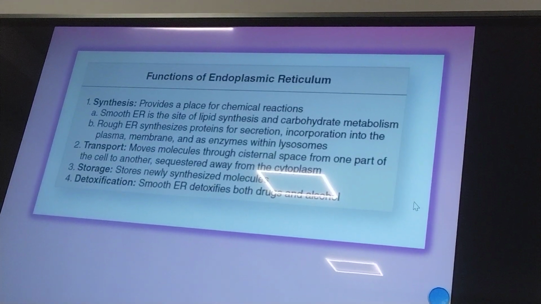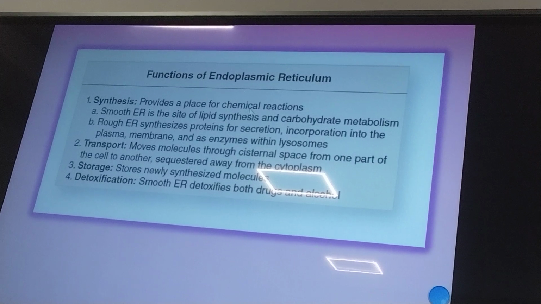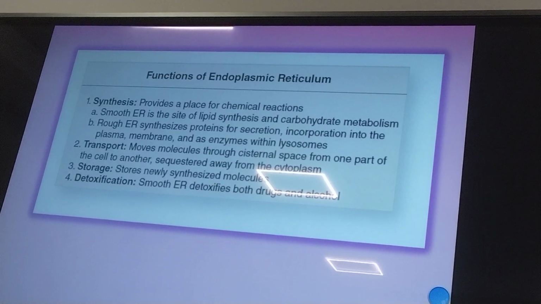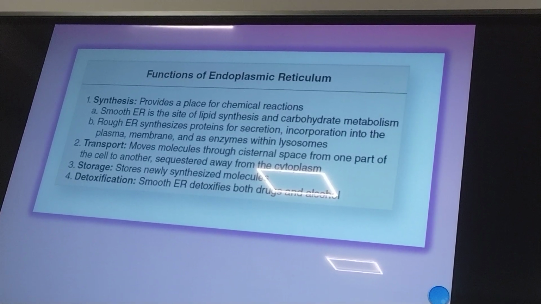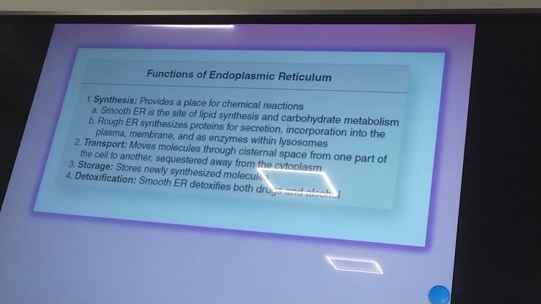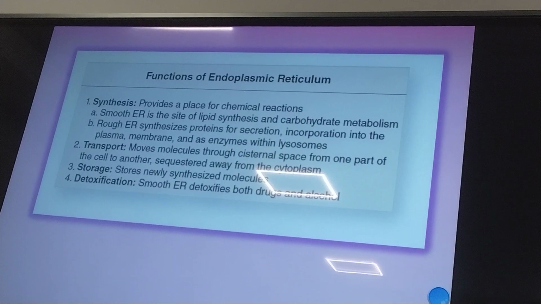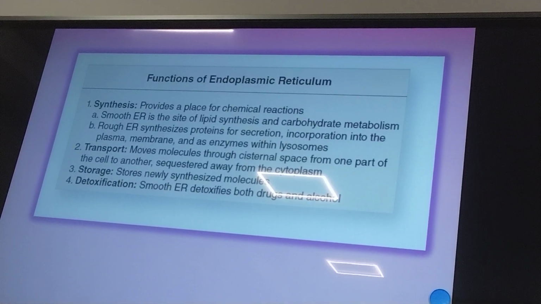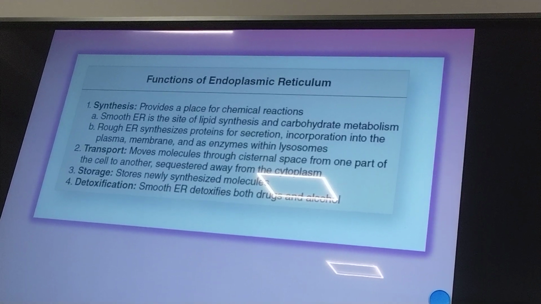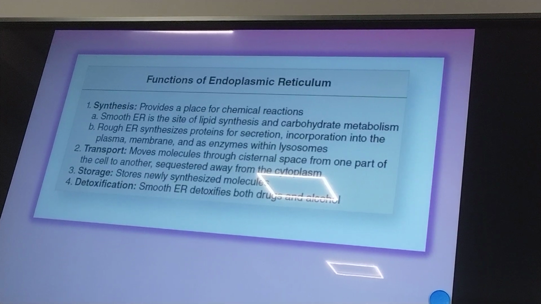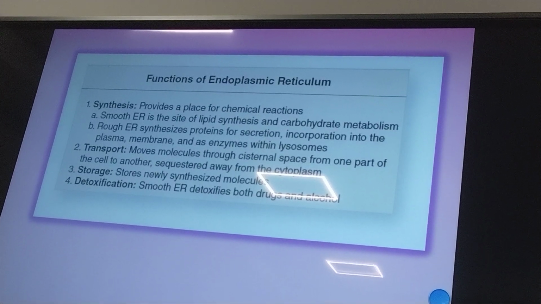Okay. Let's see again the functions of endoplasmic reticulum. Like you said, synthesis of the proteins and lipids also. It's a place of chemical reactions. Smooth endoplasmic reticulum, especially detoxification of drugs and some other chemicals like alcohol, and this is a system of proteins which we call P450.